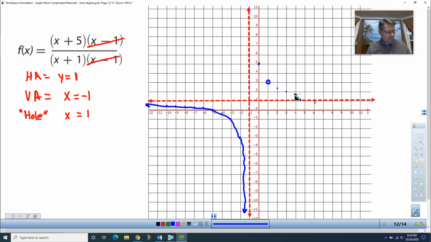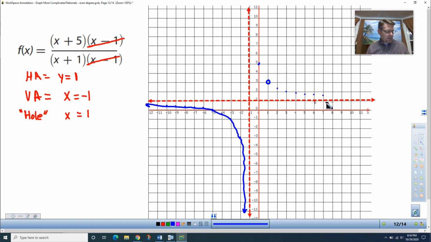Then 4, 1.8, and then 5, 1.7, 6, 1.6, 7, 1.5. Okay, I think we're kind of getting the idea here.